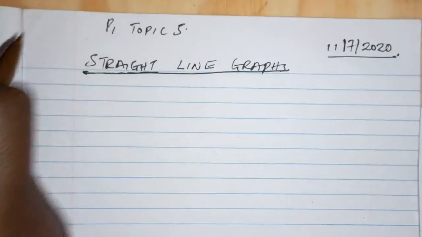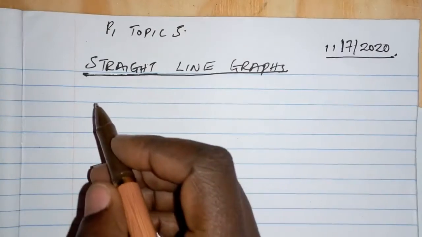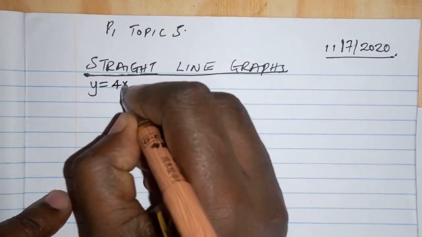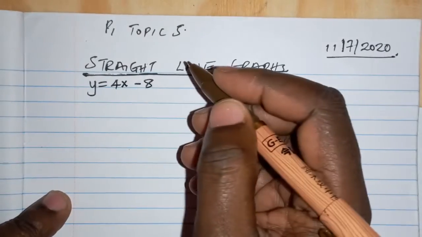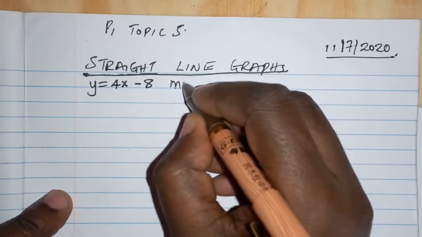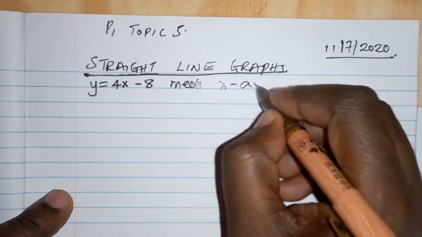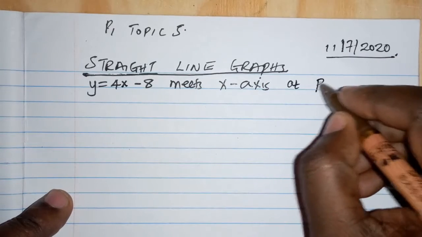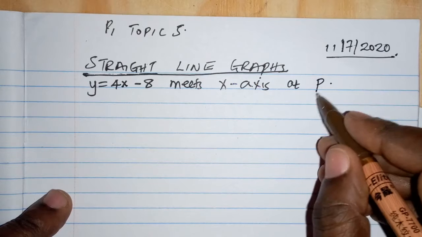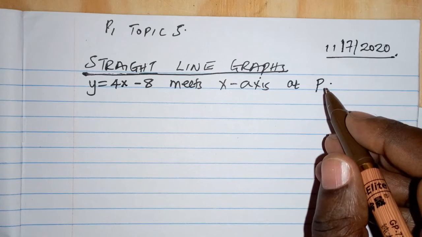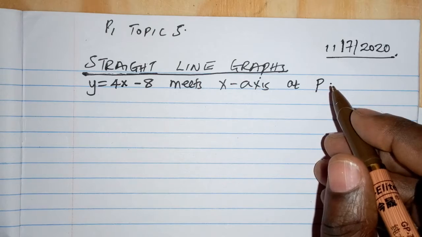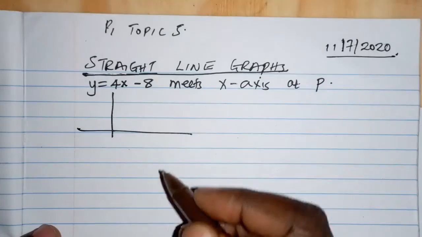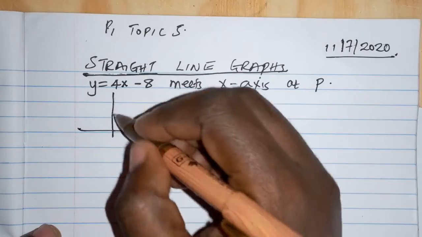In example 5, we are told that the line y equals 4x minus 8 meets the x-axis at point P, and we are supposed to work out the coordinates of point P. It is important to note that we can sketch the line.